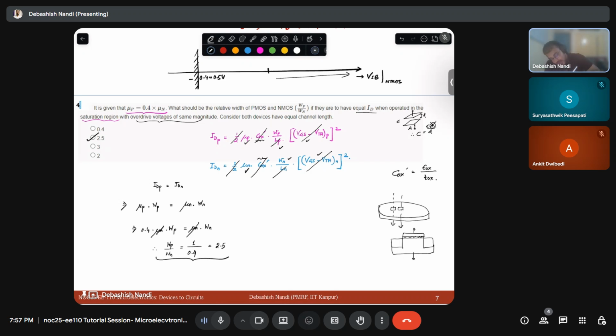Now can you tell me why mu P is less than mu N? We have discussed, right? What is mu? Mu P is q tau by m_p star, and mu N is q tau by m_n star, right?